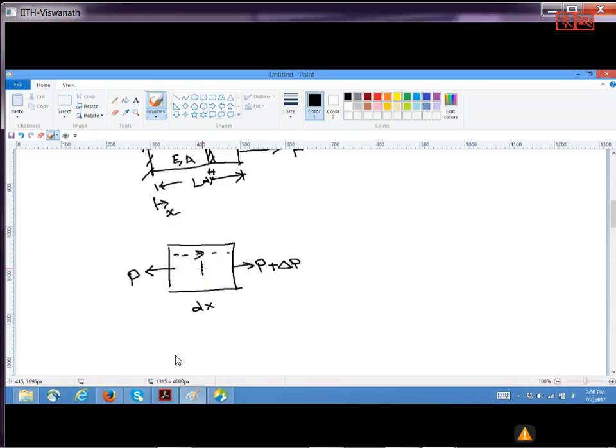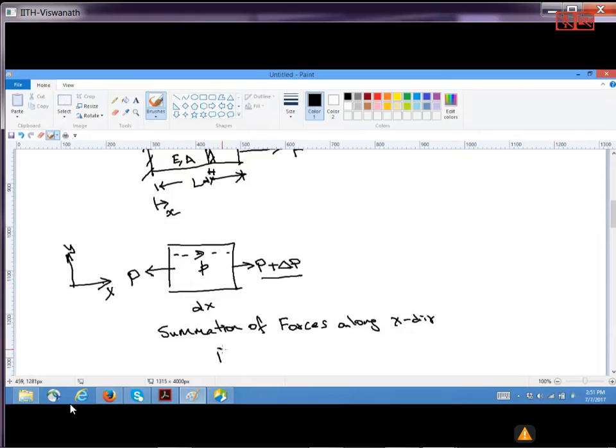Then we can write the summation of forces along the x direction. This is my x direction, this is my y direction. Let us consider this as positive.